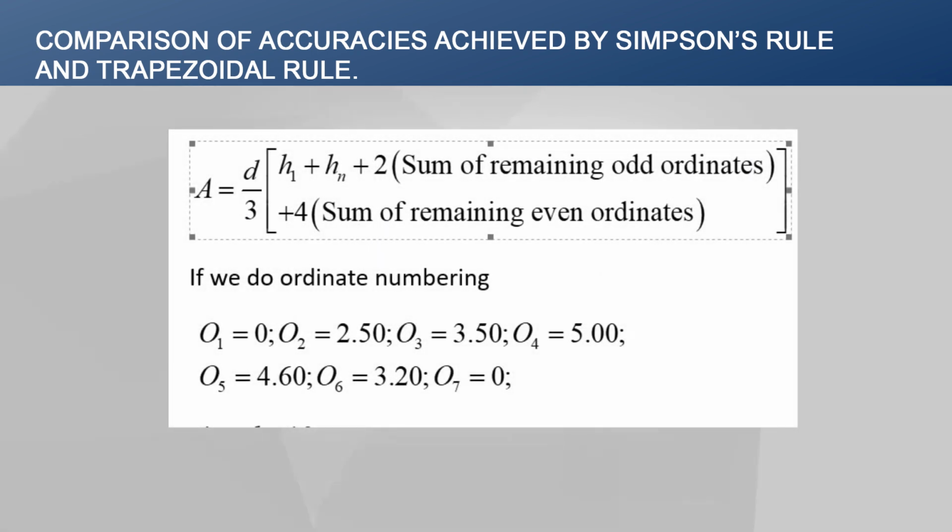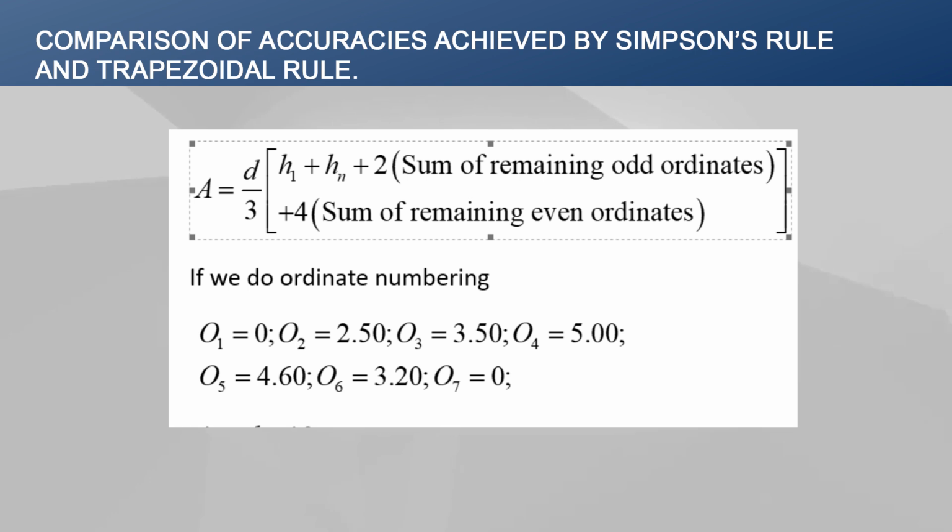So, here we are supposed to calculate the area with the help of the Simpson formula. We know the formula for the Simpson rule, which is area is equal to D by 3 multiplied in the bracket first offset plus last offset plus 2 into the sum of remaining odd ordinates or offsets plus 4 into the sum of remaining even ordinates or offsets.